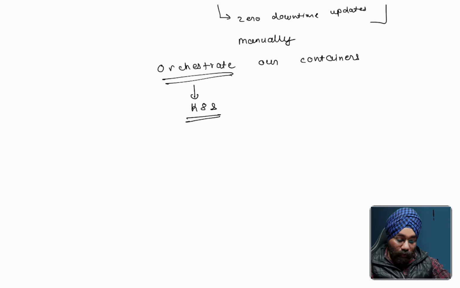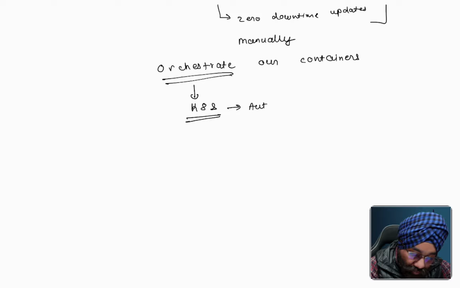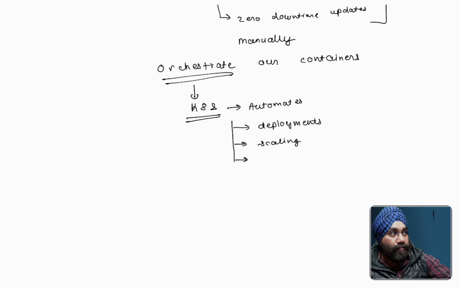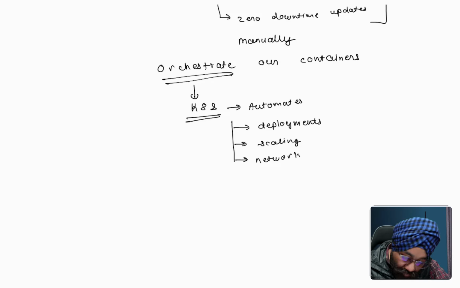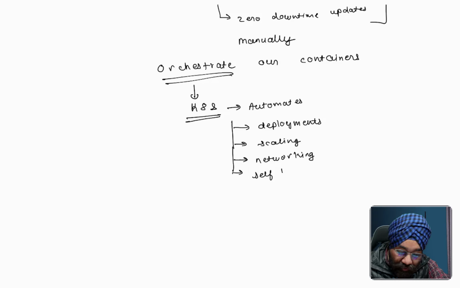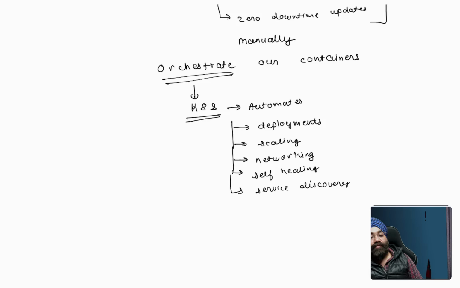So Kubernetes basically automates our deployments, our scaling, meaning auto upscaling and downscaling, our networking when containers need to interact with each other, the self-healing capability of our containers, and it also helps us with service discovery, which means how will the product service know the IP of inventory service? It will use service discovery for that.